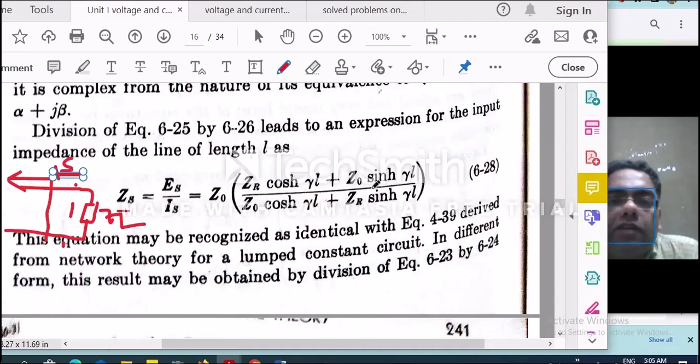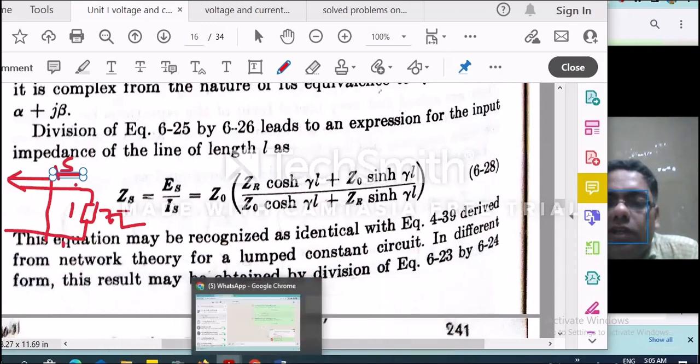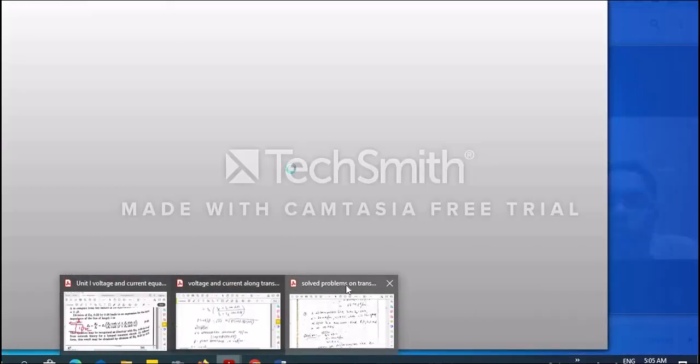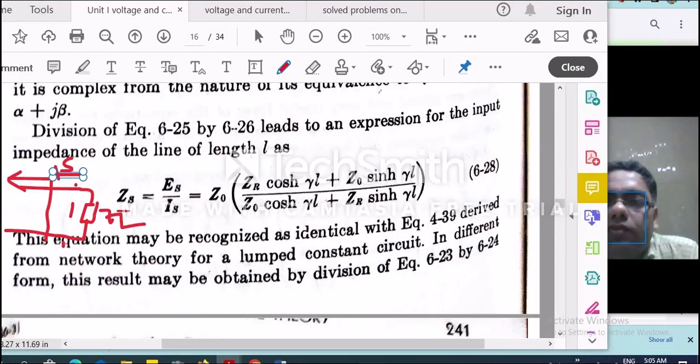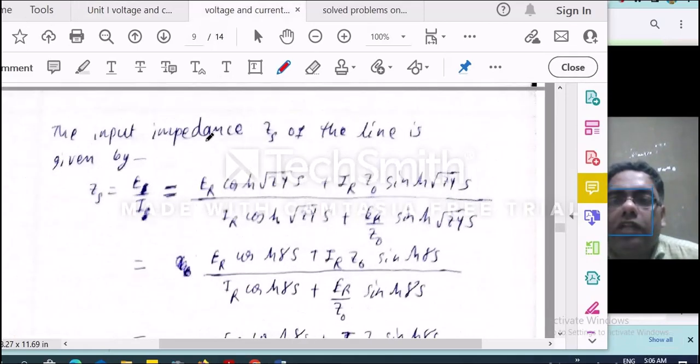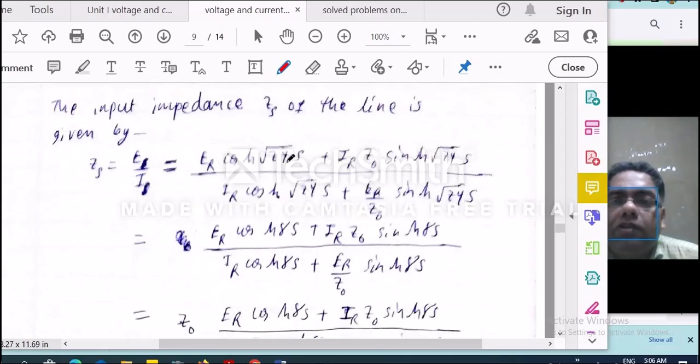Now this can be rearranged. Sine by cos we can make tan, so I have written that in a separate note. The input impedance Zs of the line at any distance is given by this expression.